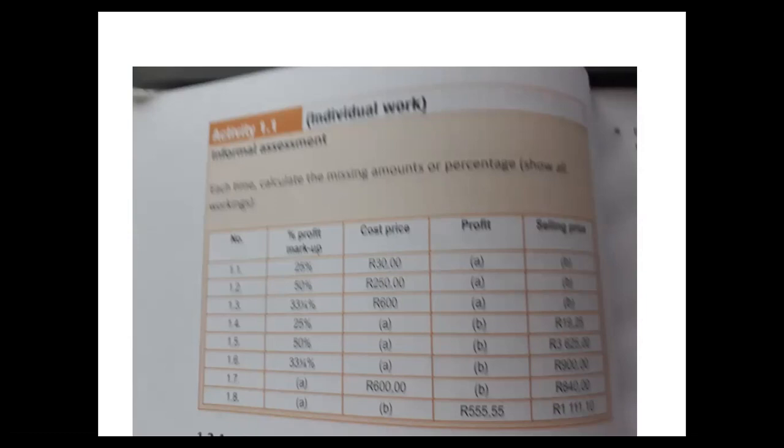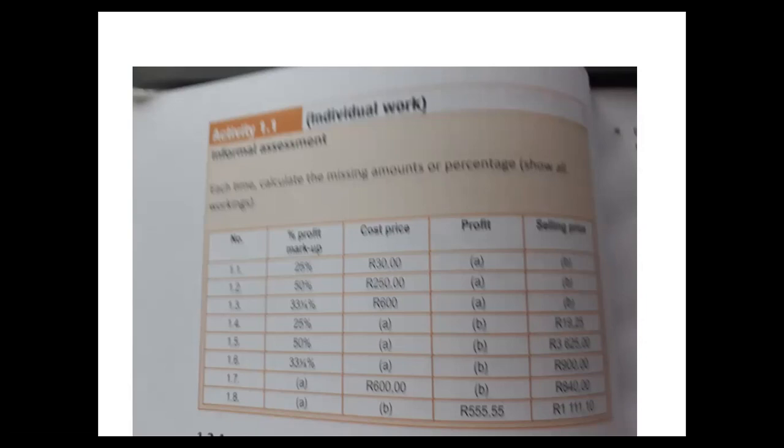Right, 1.3, we've got 33 and a third percent, and we've got the cost price of 600 Rand. Same story. First go and calculate the selling price. How do you calculate the selling price? You take the cost price of 600, you multiply it with 100 plus the percentage.